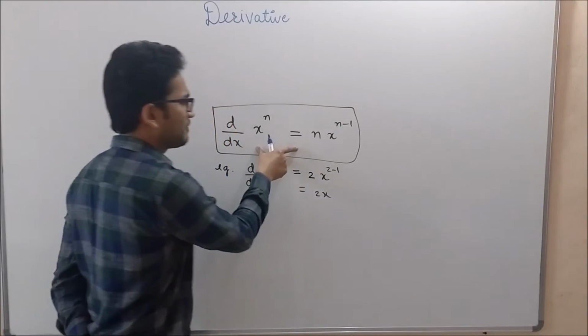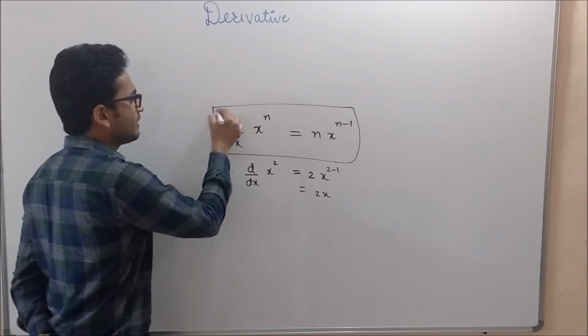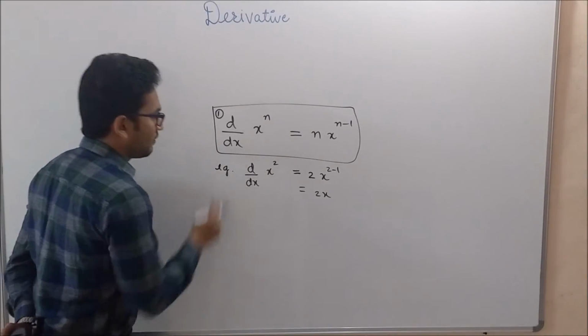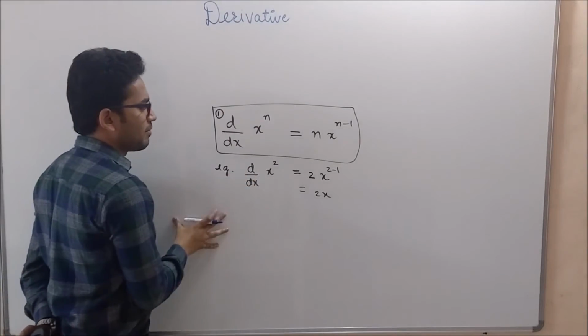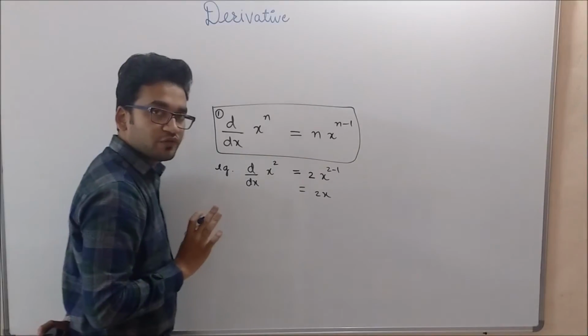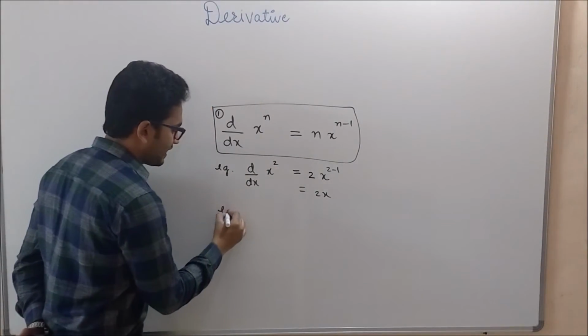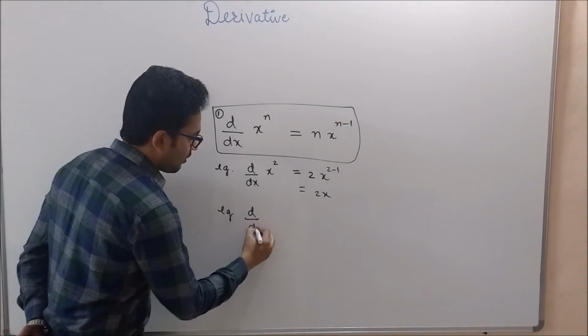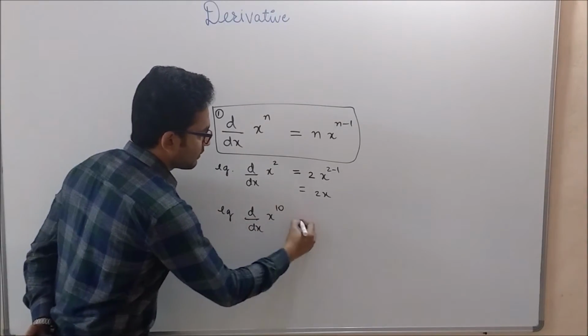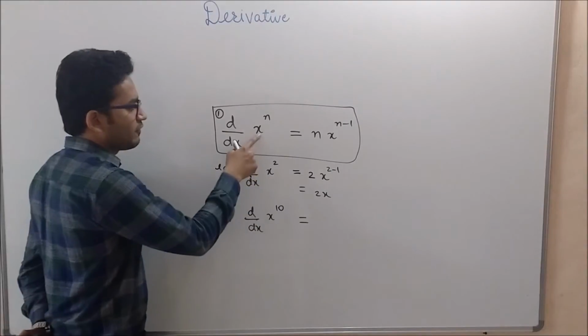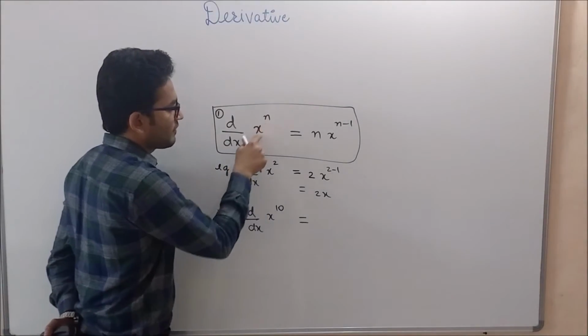So this was the basic first formula. Give it number 1. We have seen how to find the derivative with the help of this formula. For example, we are given the derivative of x raised to 10. What will it be equal to? It is in the form of x raised to n.